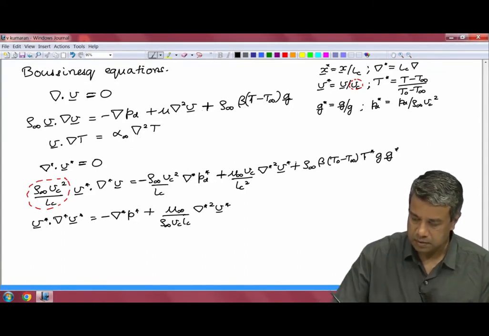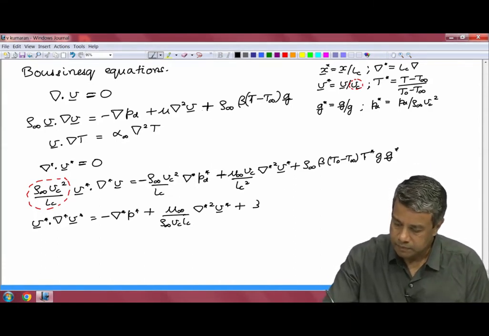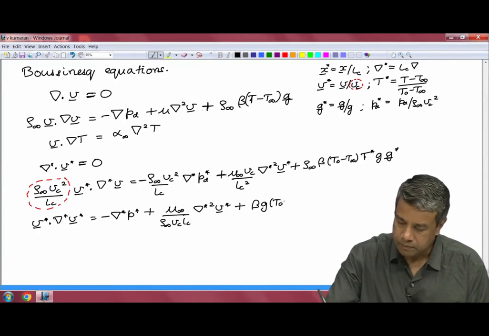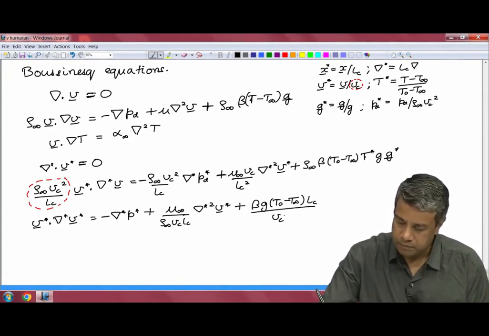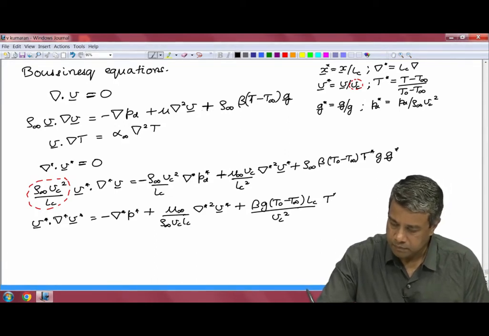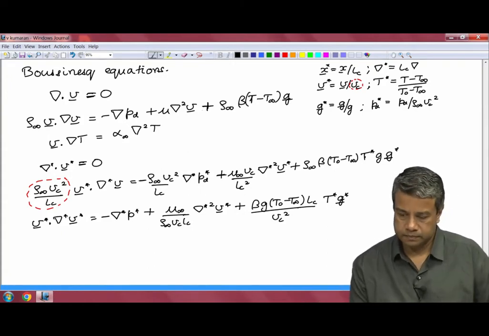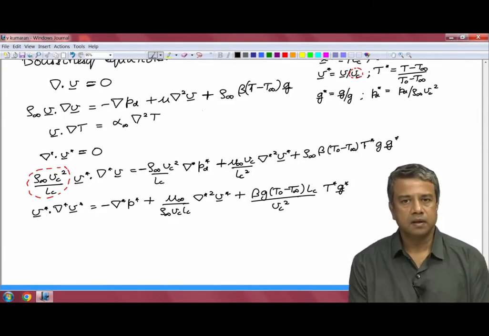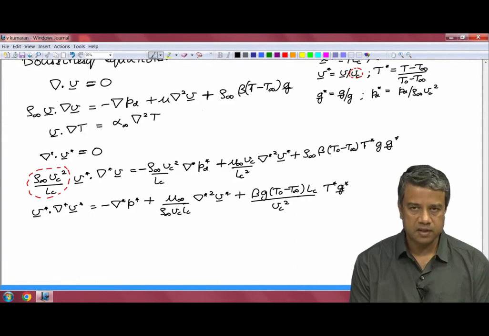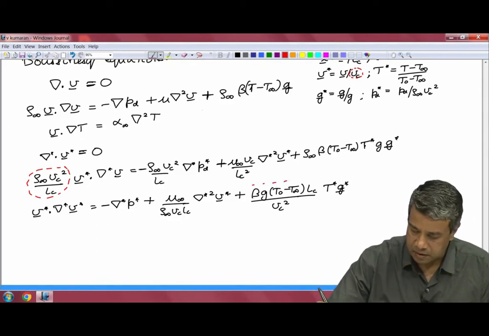There should be a star here. So, that is the momentum conservation equation. For the inertial terms and the buoyancy force to be of equal magnitude, this coefficient has to be 1.